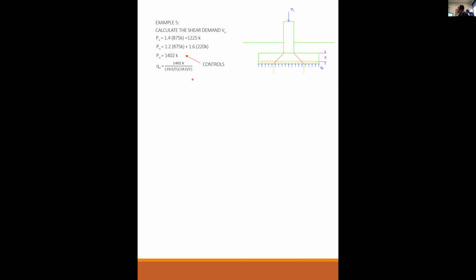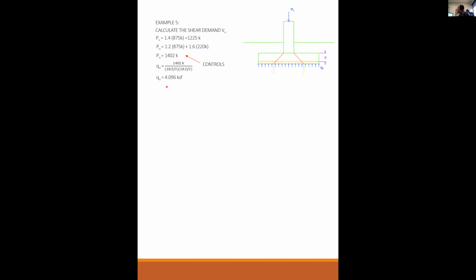I already determined that my footing is 18.5 by 18.5. I'm not going to resize it because I have a factored load. But what I'm going to do is figure out what the factored bearing pressure will be based on the factored load and the actual size of the footing. So QU is going to be 4.096 KSF.